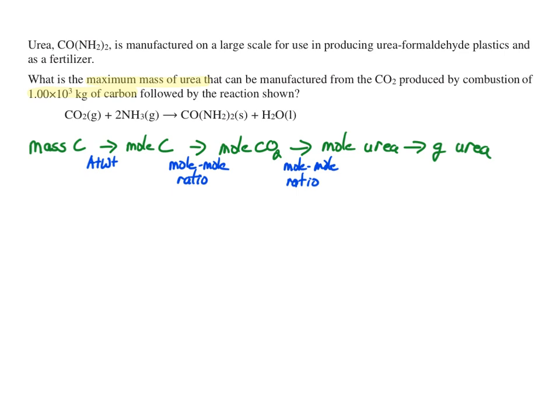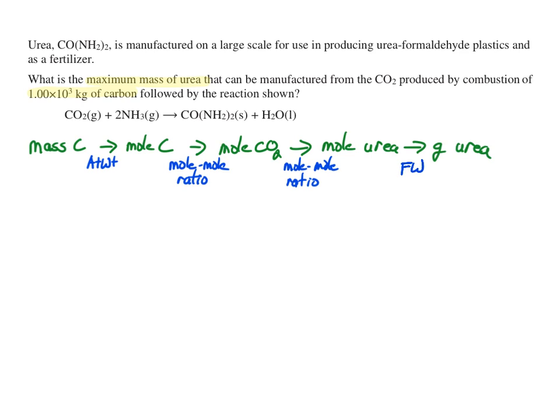Note that you never need to know what the mass of carbon dioxide is. You can just simply use the mole-to-mole ratio to go from carbon to CO2 directly to your product. In the last step, we simply use our formula weight of urea to go from moles to grams.